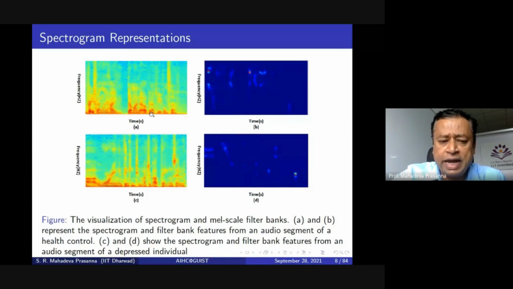At the first level, unless you pay attention, both look the same, but if you pay closer attention, you can see the high intensity parts are at different locations between the depressed individual's speech and the normal individual's speech. This is what we use as a representation for automatic processing. Now you can see this representation for a normal individual and this representation for an individual having a health issue like depression, for the same text.